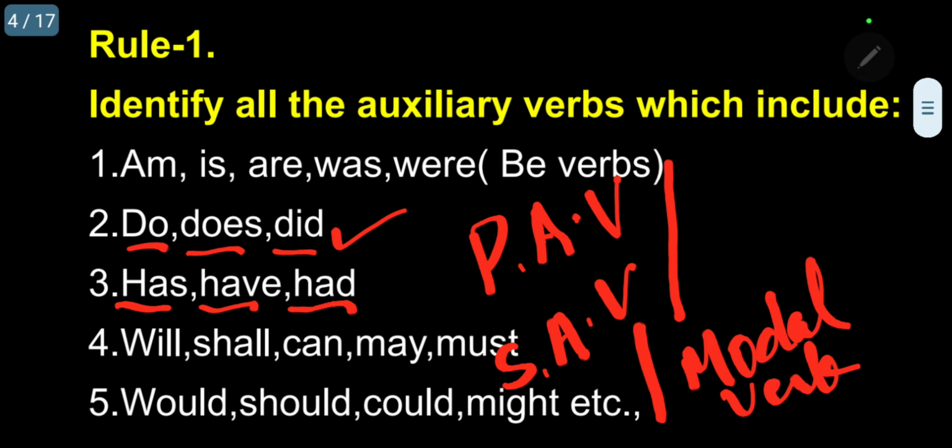Please memorize this. Let me give the most important difference between primary and secondary auxiliary verbs. A primary auxiliary verb can act as a main verb as well as an auxiliary verb, whereas a secondary auxiliary verb or modal verb will always act as an auxiliary verb but not as a main verb.